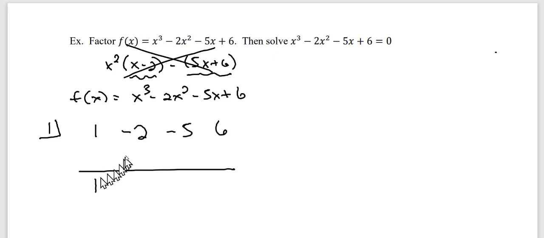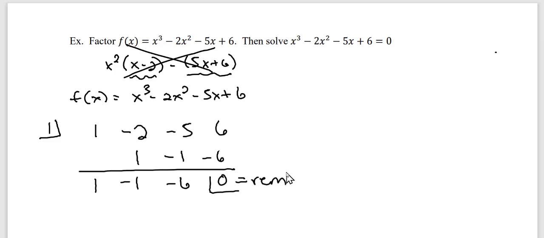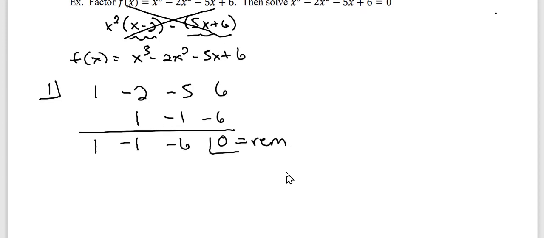Bring the 1 down. We multiply 1 times 1 to give me 1. -2 plus 1 is -1. Multiply, we get -1. -5 plus -1 is -6, multiply, you get -6, you add, you get 0. Well, I got lucky, right? I picked x equals 1 as a potential 0.